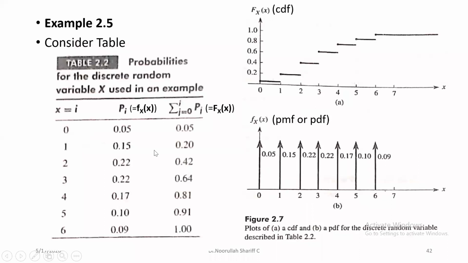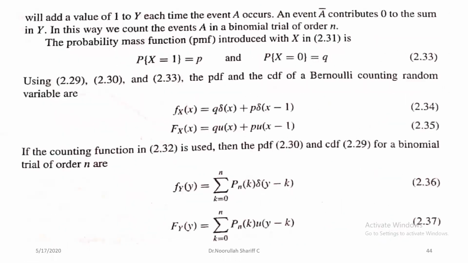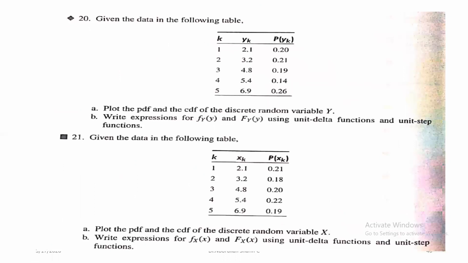Plot for this should be taken directly from the second column. But when writing the expressions, it is only this, not this. Please remember that it is not this. Only this should be considered when we write the expression for both the PDF as well as the CDF. Do not get confused. Okay.